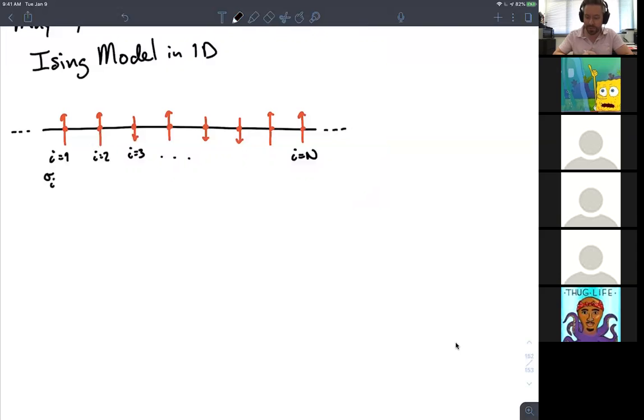It doesn't really matter which. This variable is defined such that if the spin is up or the magnetic dipole moment is up, then it's equal to +1. So this is sigma_1, and that is +1. This is sigma_2, that's +1. This is sigma_3, that's -1, and so on and so forth.